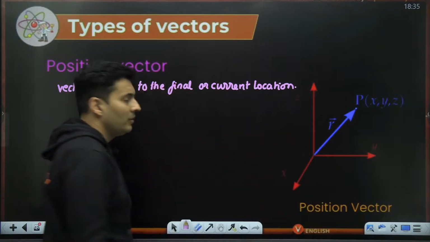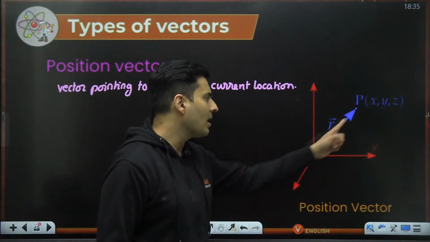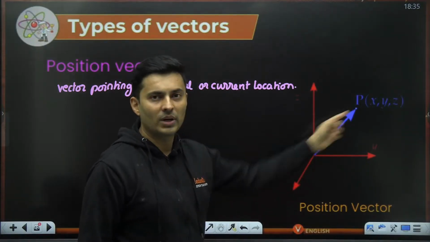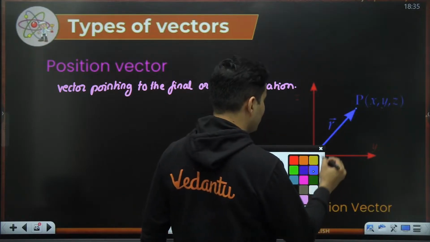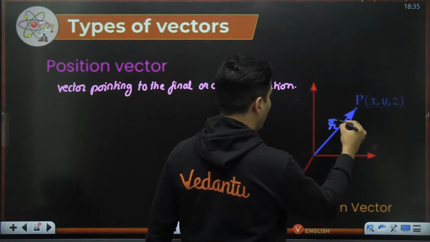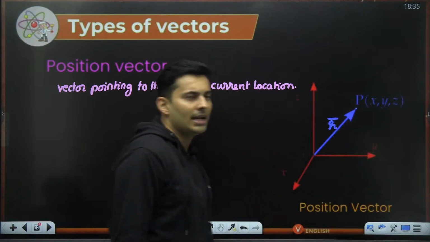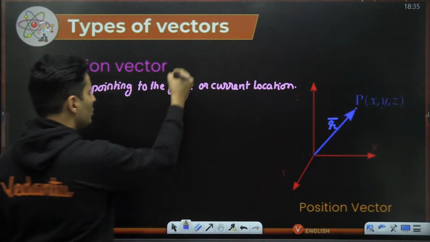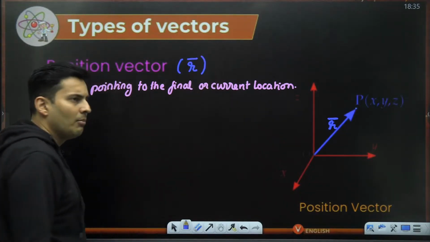What is your position? From the origin, you will draw an arrow towards your current location. That is the position vector. Usually the symbol of a position vector is a small alphabet r with a bar on it.